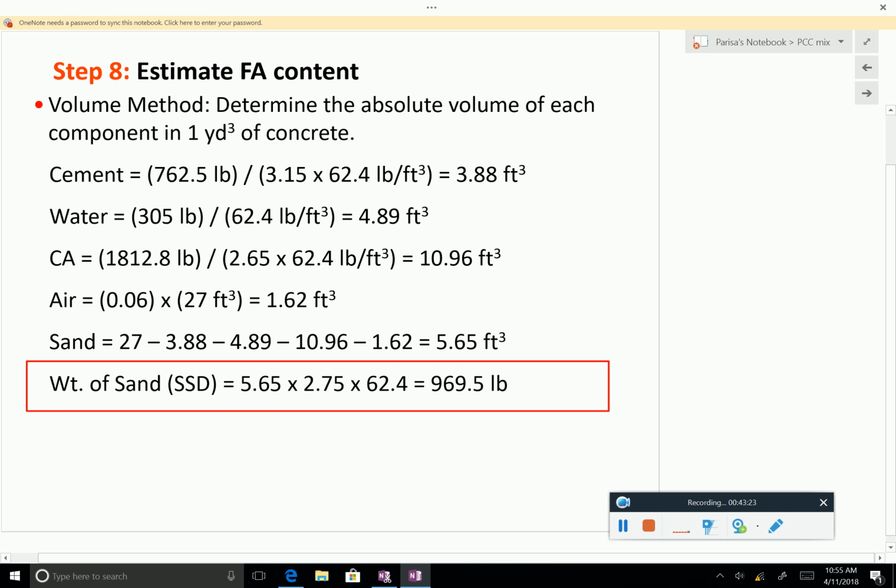So we need to start with SSD because this is what you are given, a specific gravity.